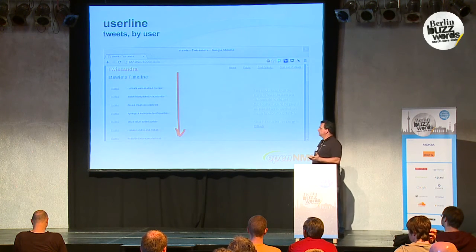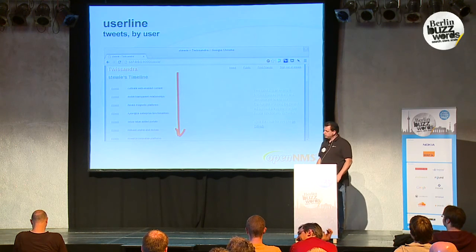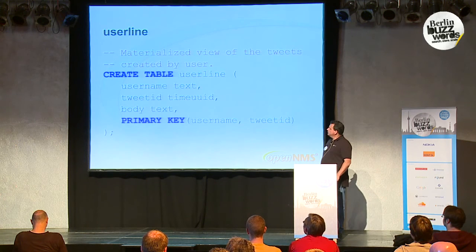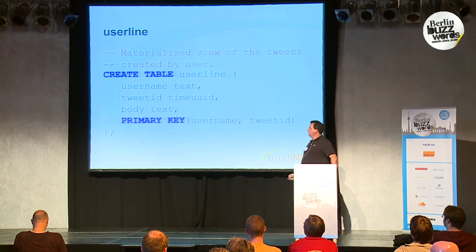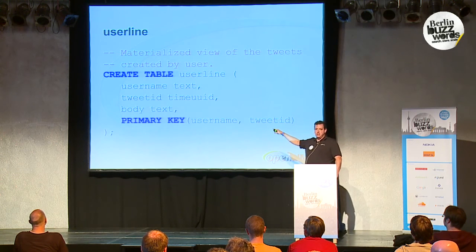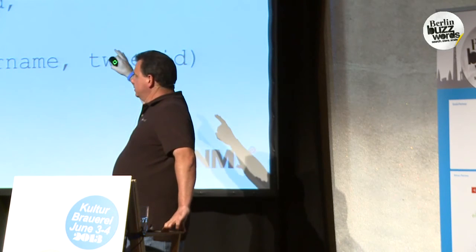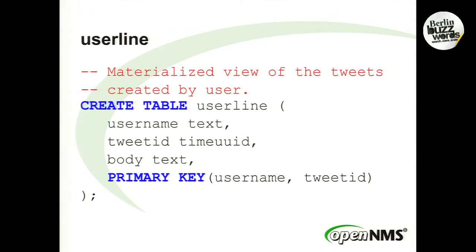So let's first look at the simpler one, the tweets for a specific user. We'll do that by creating a table called userline with 3 attributes. The username, which you'll see from the primary key definition down here, again, is the row key. So we're going to be looking up this userline for a user.